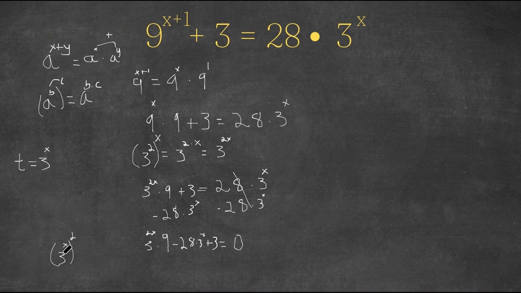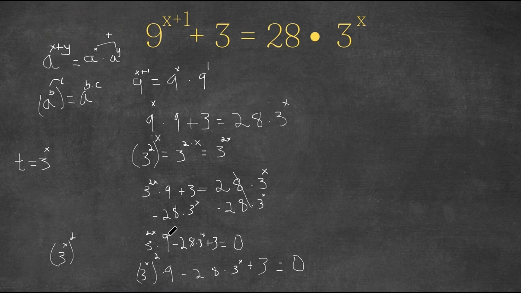Before, this was 3 to the power of 2 to the power of x, but we can simply switch these two up, because at the end they're just multiplying with each other. So now we have 3 to the power of x, to the power of 2, times 9, minus 28 times 3 to the power of x, plus 3, and all of this equals 0.